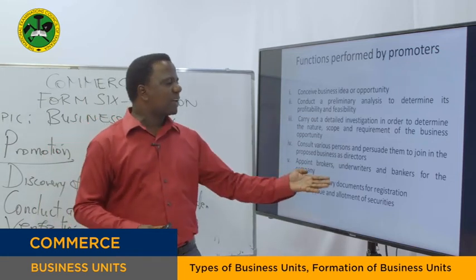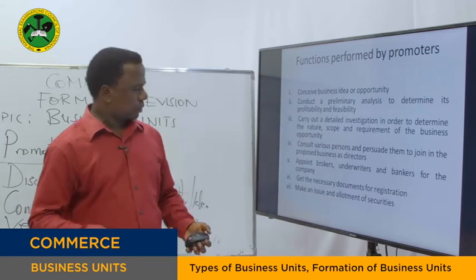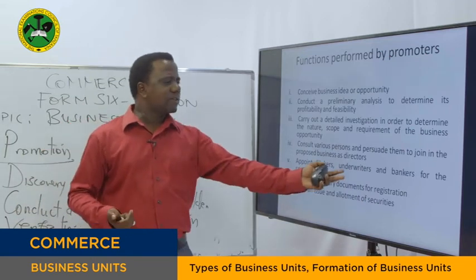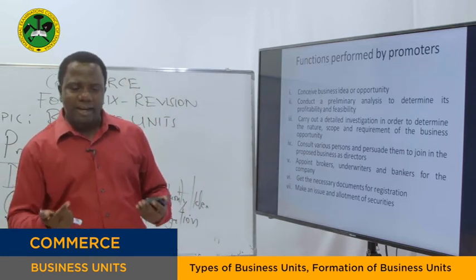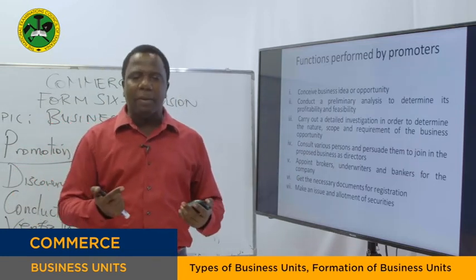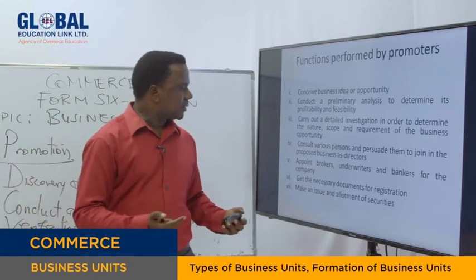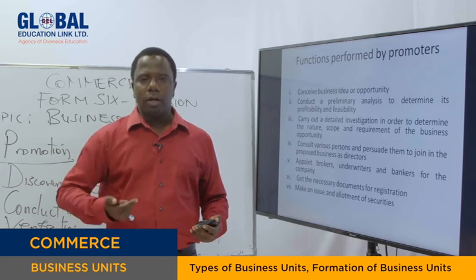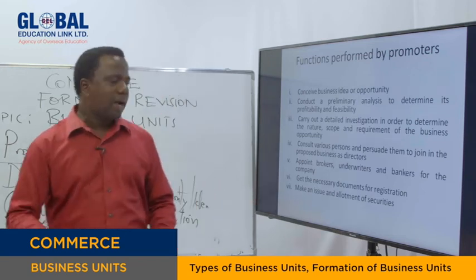Also appoint brokers, underwriters, and bankers for the company. A company should have its own bank, but also underwriters as well as brokers. Now those people will be doing business on behalf of the company.